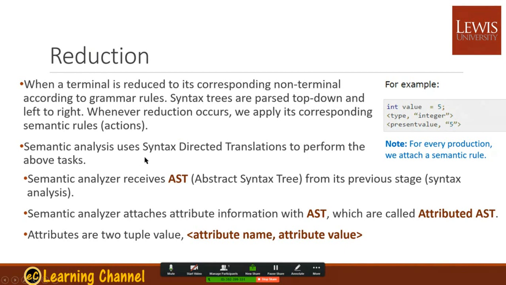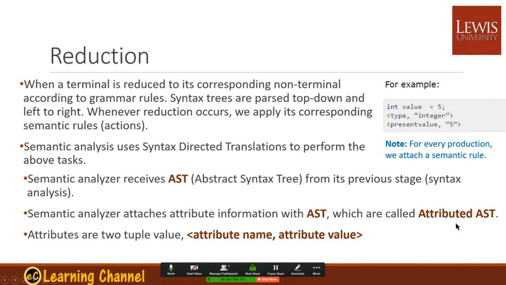Semantic analysis uses syntax-directed translation to perform the above task. The semantic analyzer receives the AST, the abstract syntax tree, from its previous stage, and attaches the attribute information to the tree.